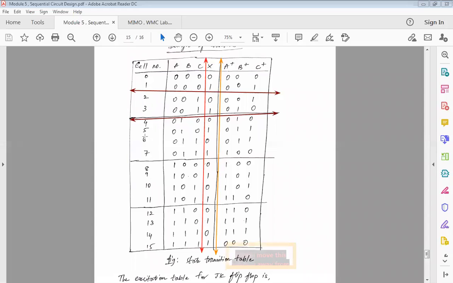Now I think you are able to understand where I'm putting these separations.